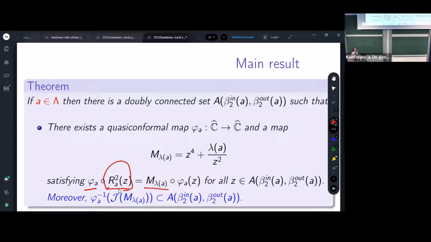And then what's more important is, how much of the dynamics of the McMullen map are actually captured by this conjugacy? The main part of the result is that the preimage by the conjugacy map of the Julia set of the McMullen map is actually in this annulus. So in this annulus where we are doing the surgery, we are going to be watching all of the Julia set of the McMullen map. Okay.